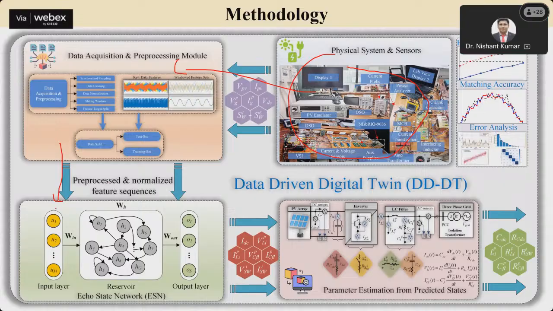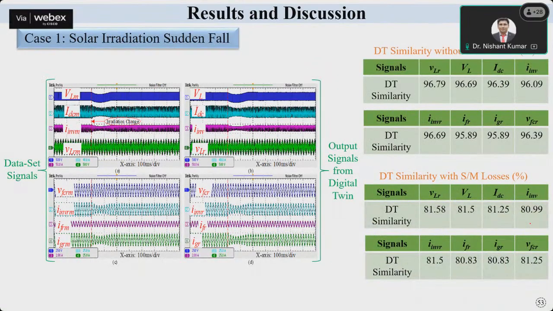And then take the data and train here: 80% training, 10% validation, and 10% for testing. On that basis, you will get your unknown parameters. Once the unknown parameters are in your hand, it means the DT is ready. Like that, you will do this research. But this one is only for research purposes, not for actual applications. The accuracy here is 96%, 95%, something like that.